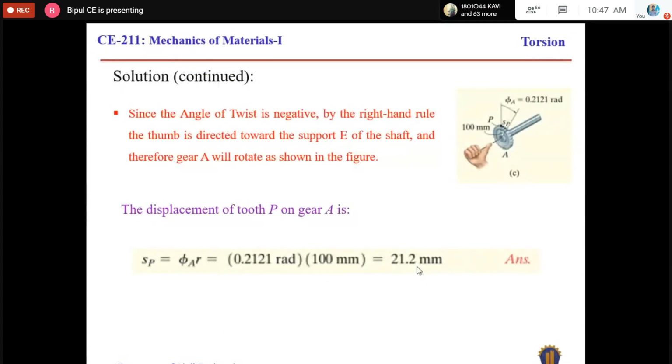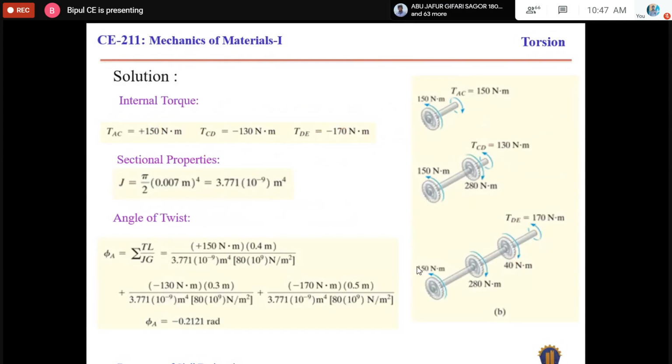So the total displacement is this one. And then you have to determine in which direction the tooth P will be rotated. In which direction? From this result, it is observed that the value is negative. The value is negative. That means the resultant torque on this gear will not rotate it along this line. It will be rotated in the clockwise direction.